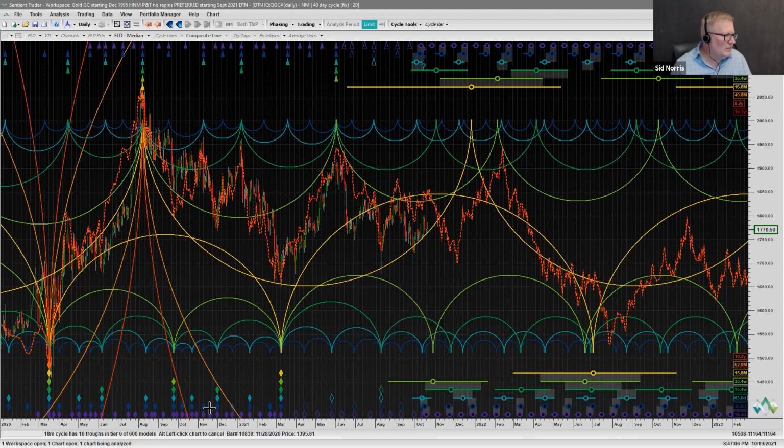And with this one repin I did from the 40-week, just bumping over here, that should put the 18-month cycle trough here. And we just got to wait for the analysis to run through to see if that's what it does. And I think that's what it does. Puts the 18-month cycle trough here.